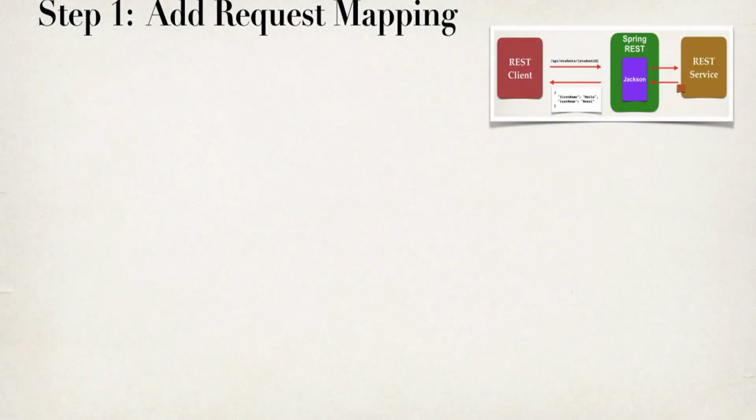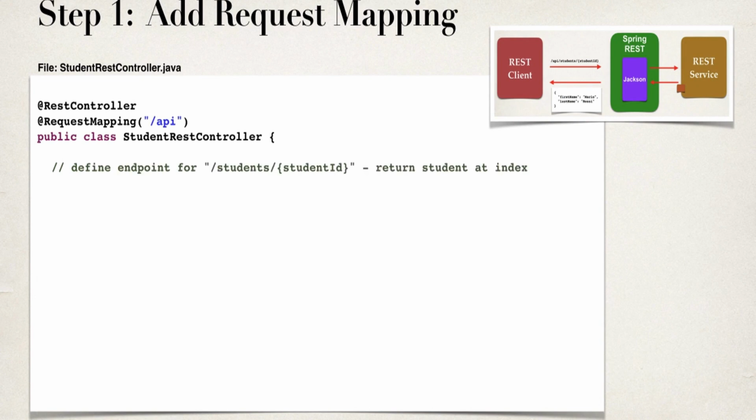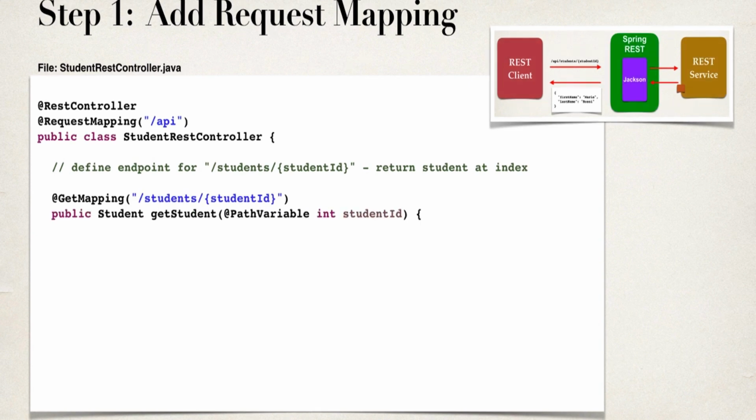Alrighty, so let's dig in and write some code here. With our student REST controller that we've already seen before, request mapping /api, then our little comment here is that we're going to define an endpoint for /students/{studentId} in curly braces, and we'll return the student at the given index. So I'll set up this request mapping for a GetMapping /students/{studentId} in curly braces.